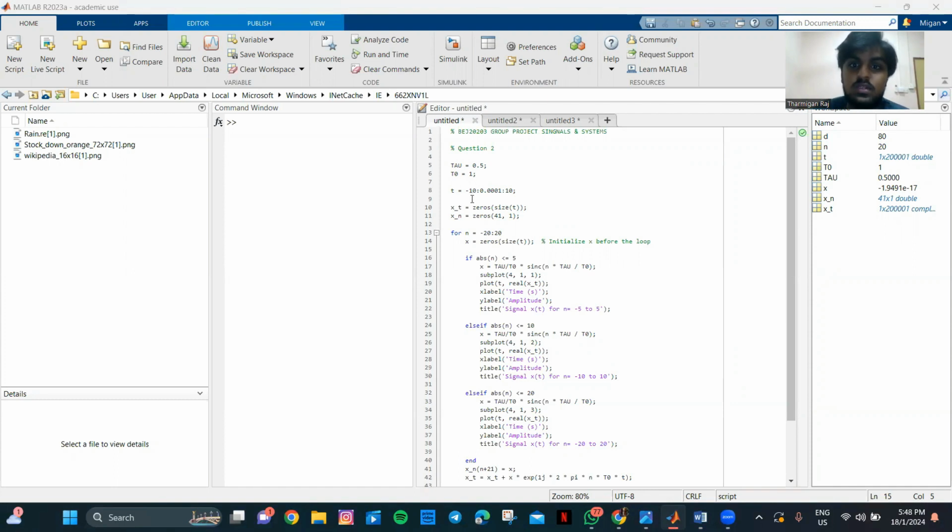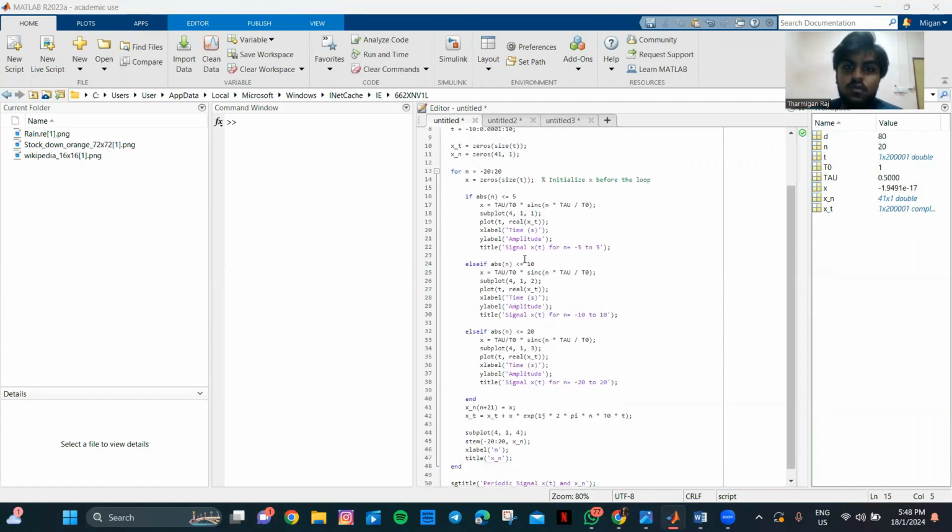And t is from -10 in steps of 0.001 to 10. The xt will be zeros, and xn will be zeros(41,1), for n from -20 to 20, which are the harmonics. The x0 size t is initialized before the loop, as you all know.